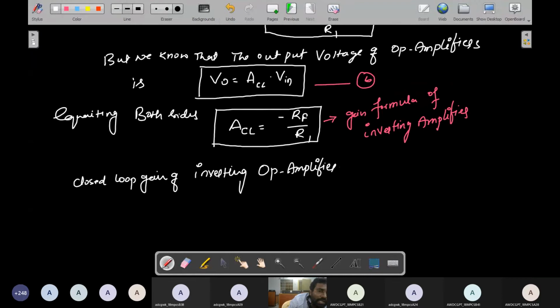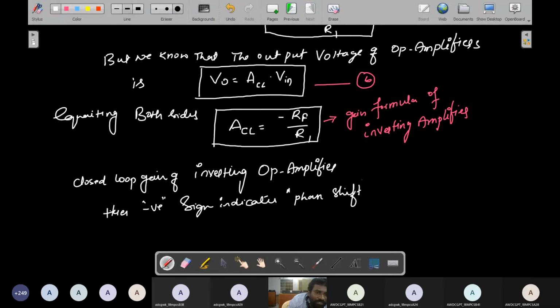Here the negative sign indicates the phase shift.